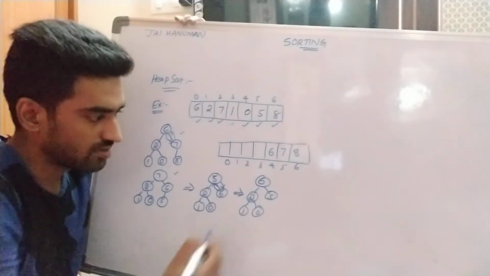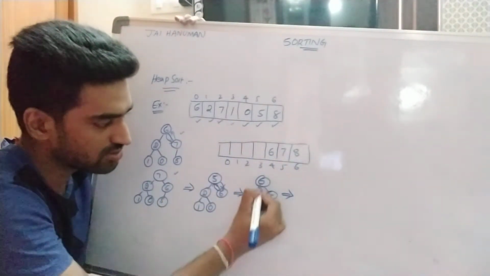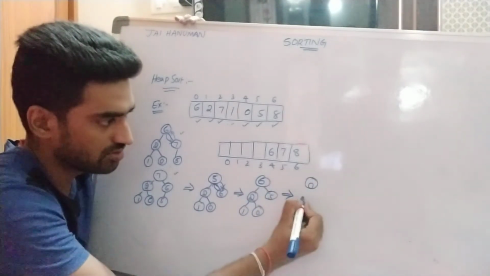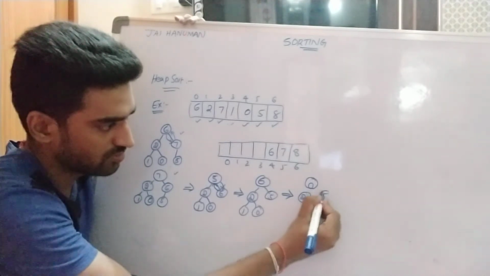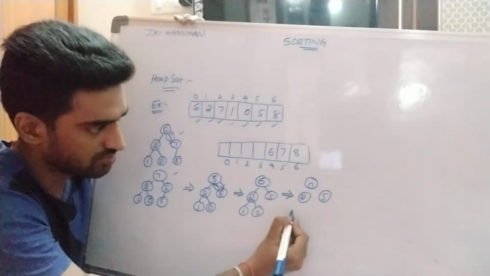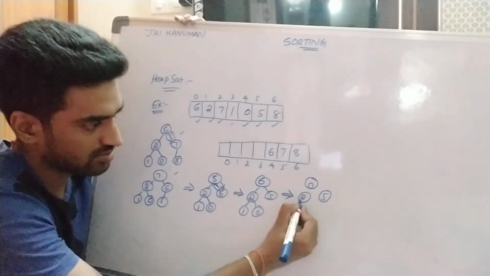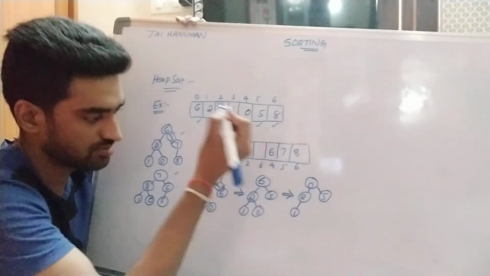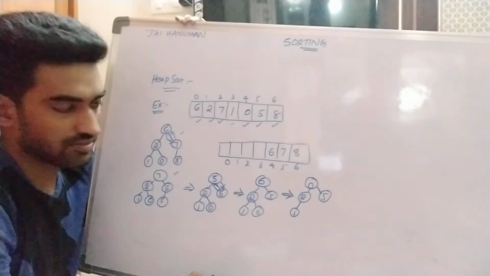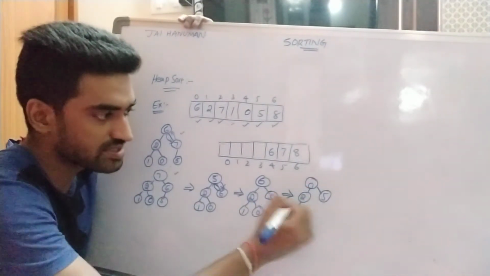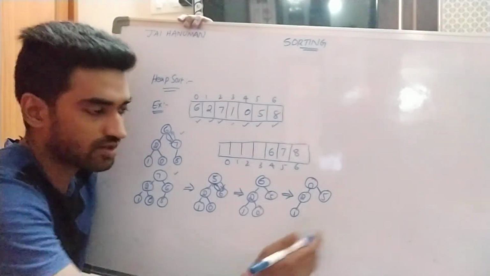Now the tree becomes, so this root node is replaced with the last node in the tree: 0, 2, 5, 1. So this is the tree. Right?